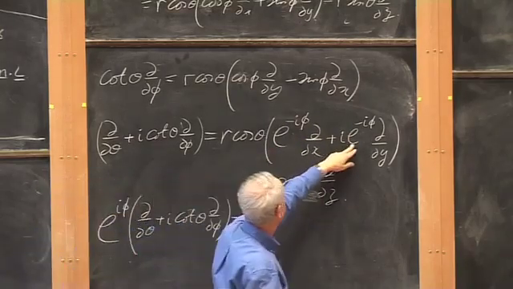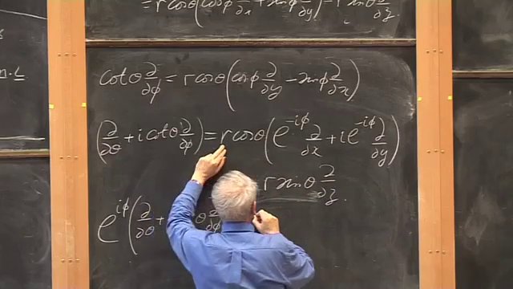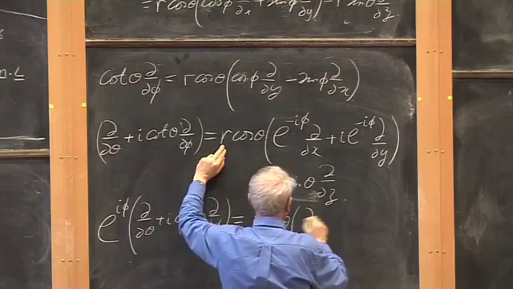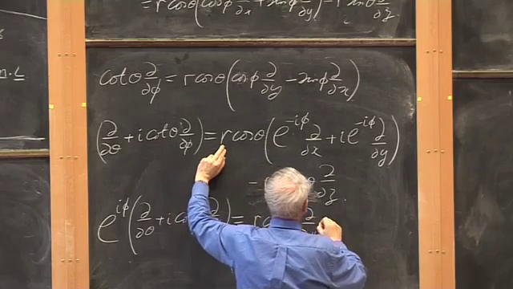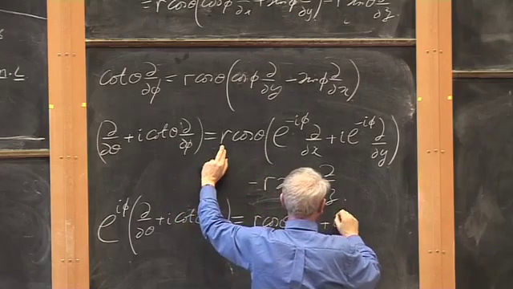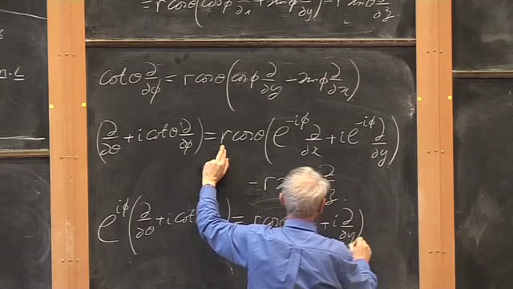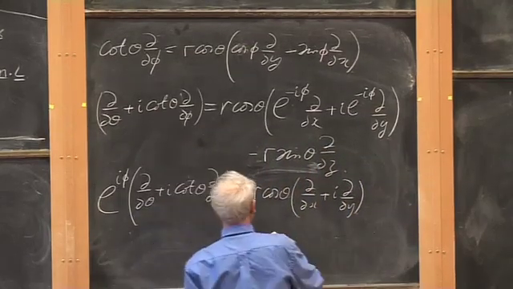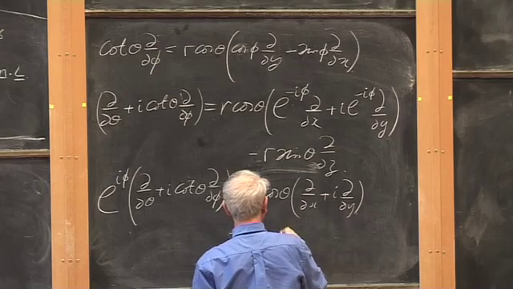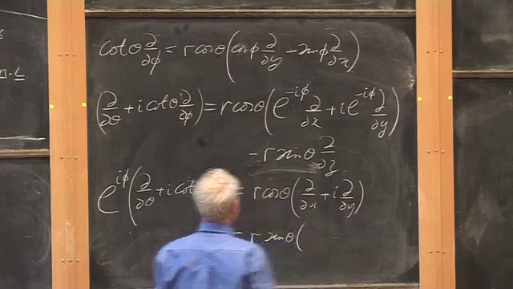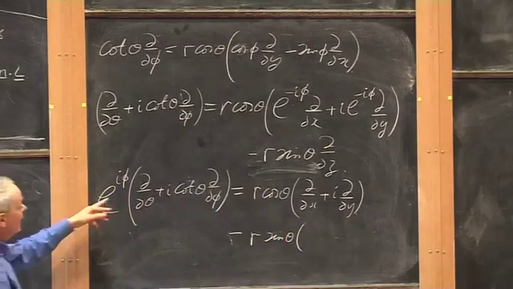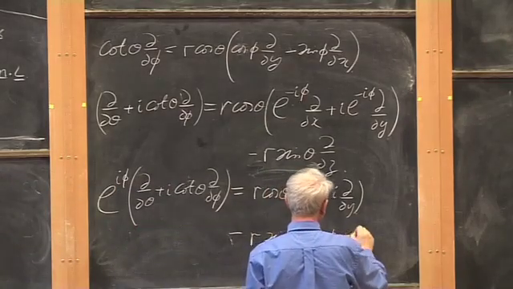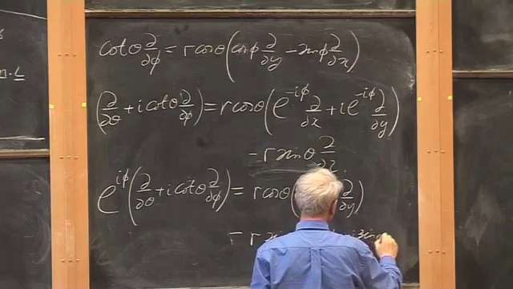This will be cancelled. So we will have r cos theta brackets d by dx plus i d by dy, and then we will have minus r sine theta times e to the i phi, which I choose now to write as cos phi plus i sine phi.